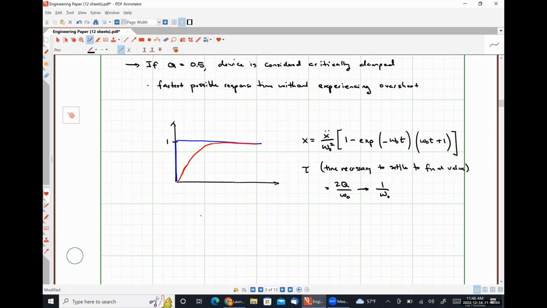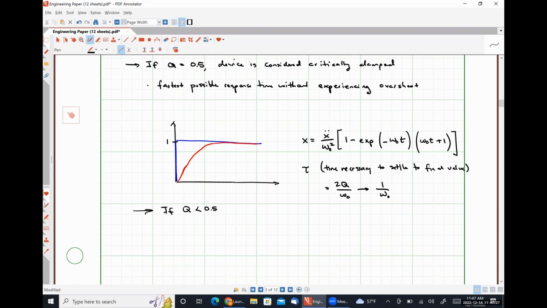Now, let's contrast that with, let me move this down some, an overdamped system. So if Q is less than 1/2, we have an overdamped system.